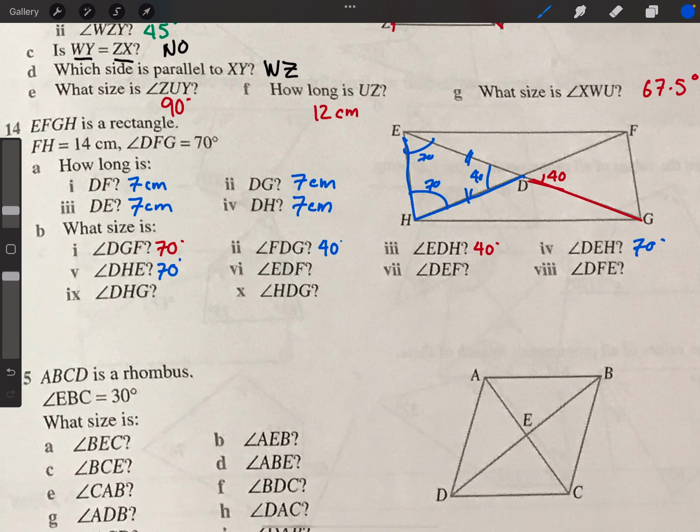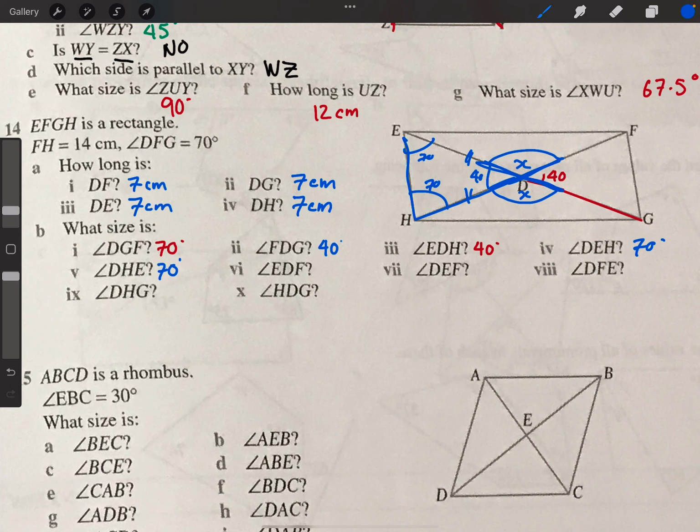No, EDF, sorry, EDF. What's this angle here? Well, we know that this angle, let's call it X, and this angle is also X. They're both the same, they're vertically opposite angles.